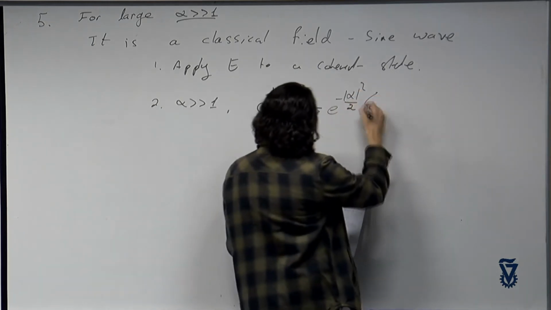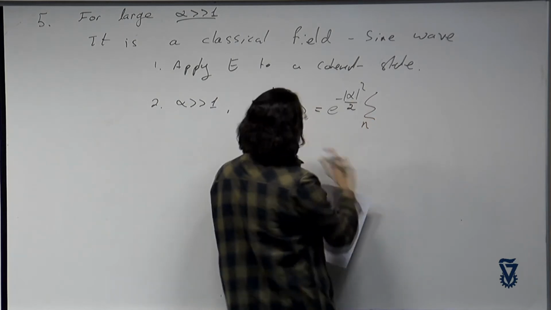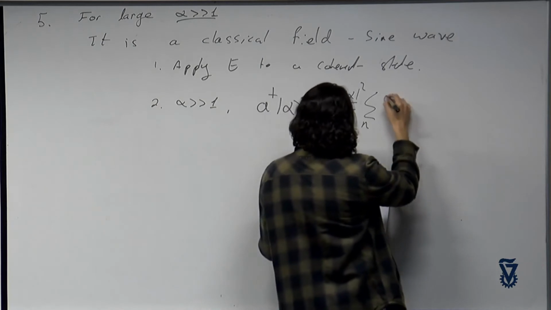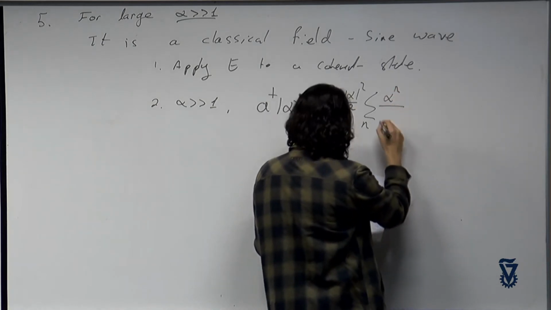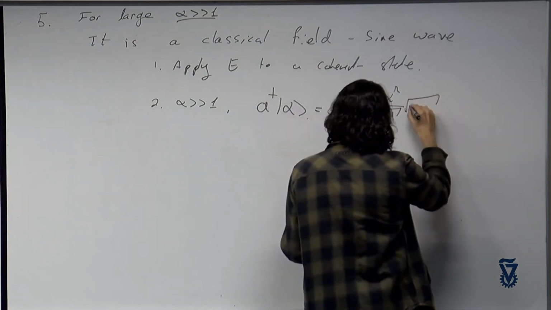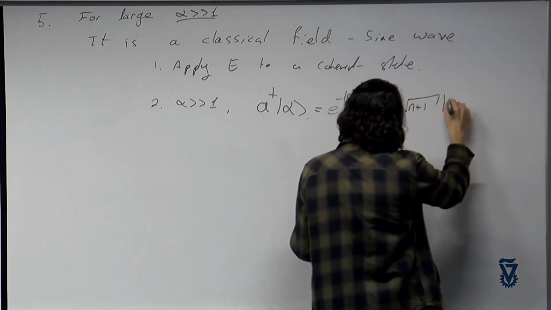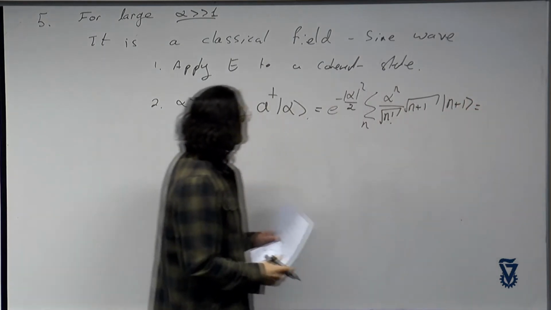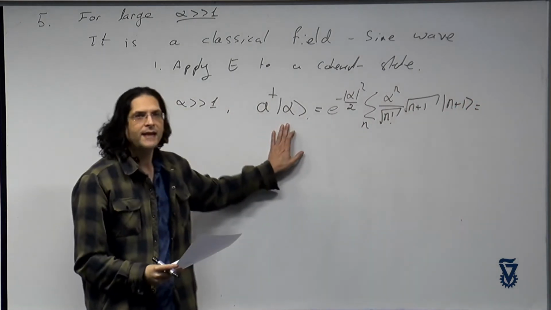So now I'm just operating with a dagger on alpha: e to the minus alpha squared over 2, sum over n, alpha to the power of n over square root of n factorial, times square root of n plus 1, n plus 1. So this is what happens when you apply a dagger.